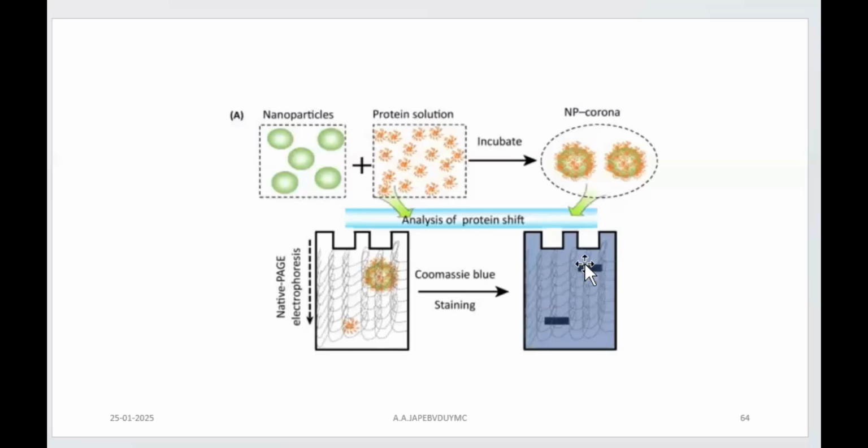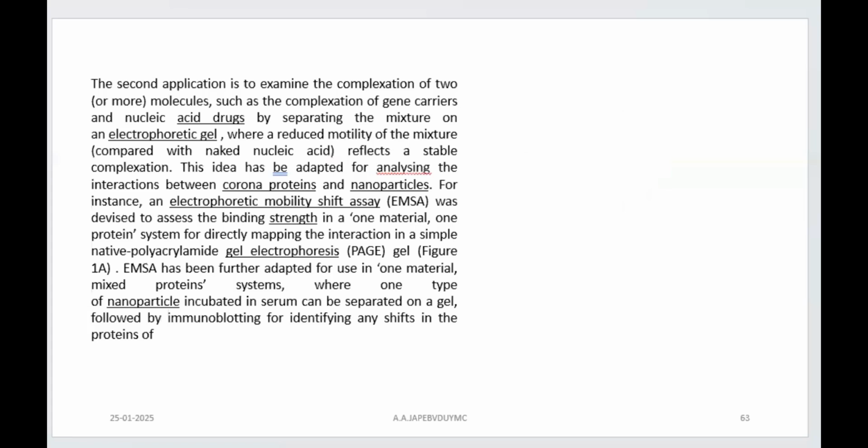Because the complex is now heavier than the protein alone, it has not migrated the same distance as the protein alone. Not necessarily always so far apart, they may be next to each other also, but they will not be exactly matching. So you can find out the complexing reactions, interactions between two different molecules which are mixed together, right? So this is another application of the electrophoresis process.